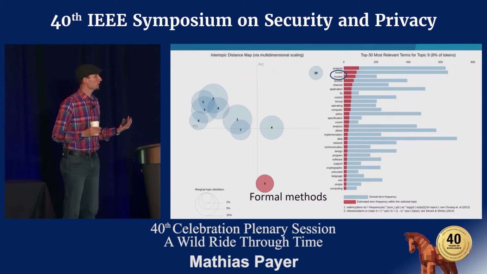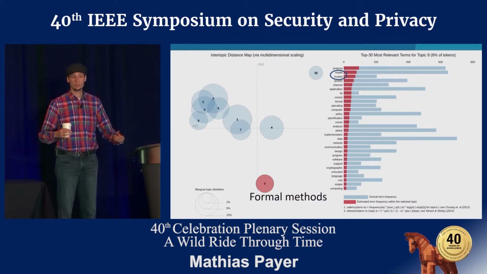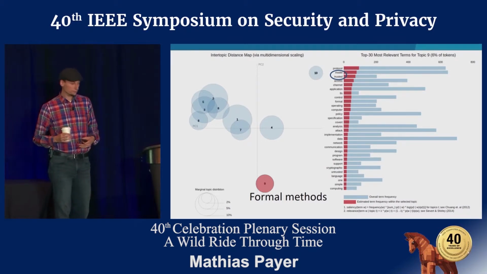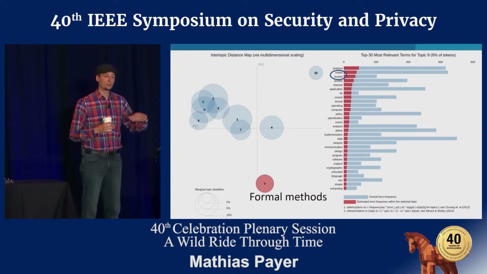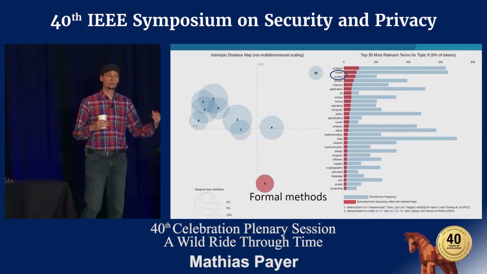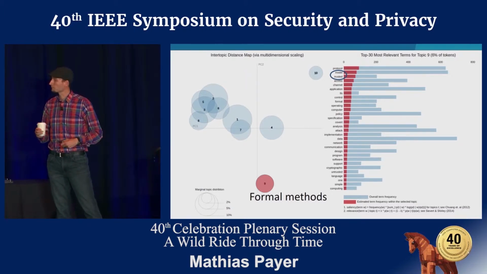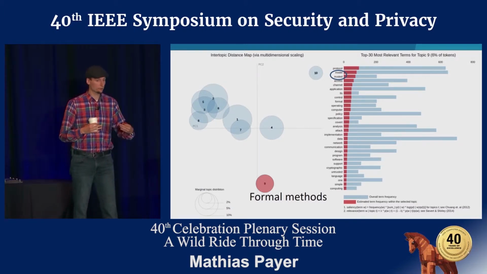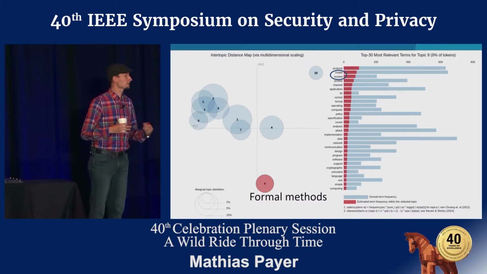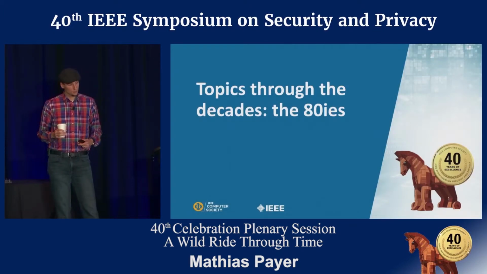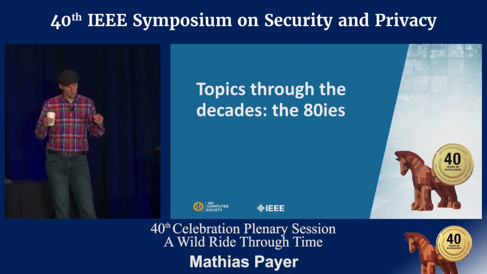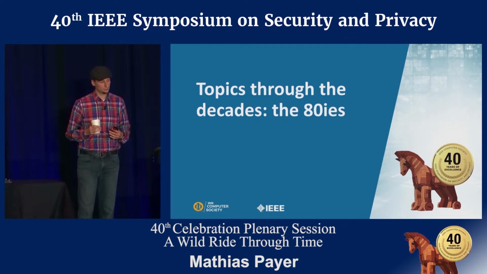So we saw this quite a bit, that Oakland spawned interest and developed new ideas that then forked off into different communities. These communities then developed their own conferences and their own systems and so on. Now, the symposium has been around for a while.